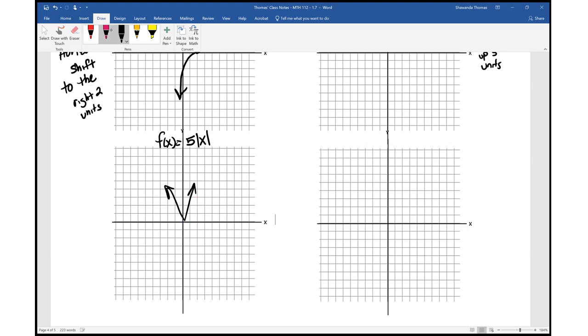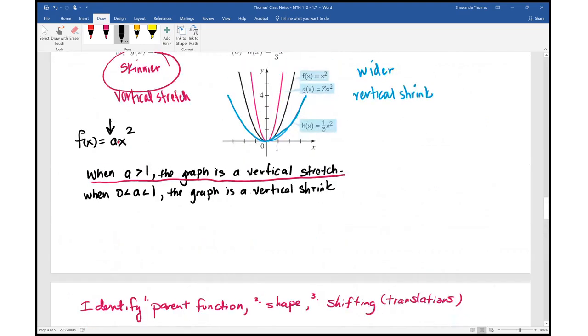Also, if we had f of x equals 1/2 absolute value of x, then if our original was this, our offspring function or child function would get wider, because that 1/2 is a number between 0 and 1. 0.5 is a number between 0 and 1.